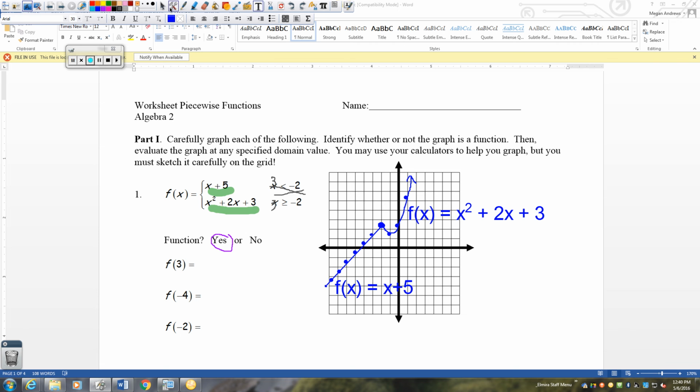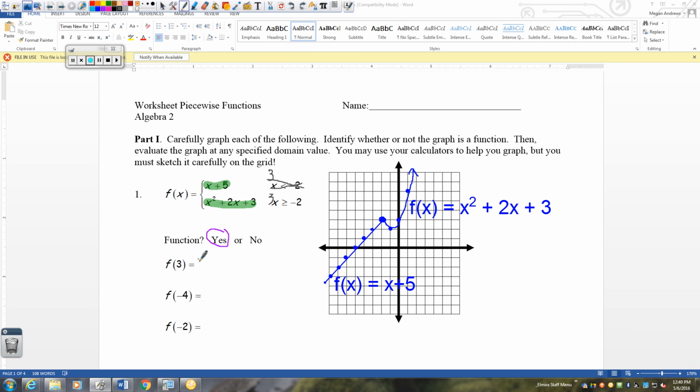So I'm going to say 3 squared, switch colors here, 3 squared plus 2 times 3 plus 3. So 9 plus 6 is 15, plus 3 is 18.